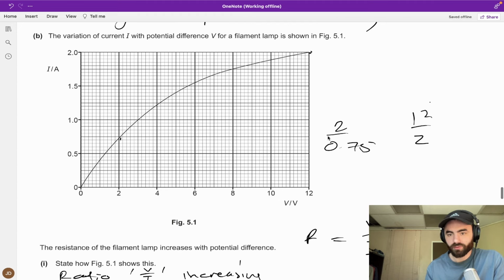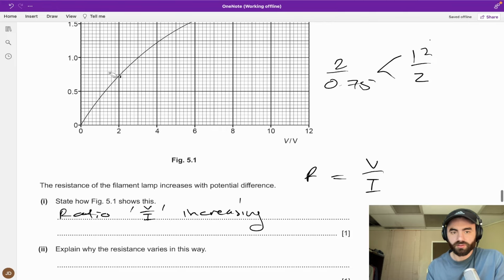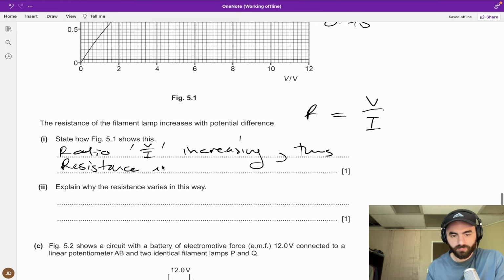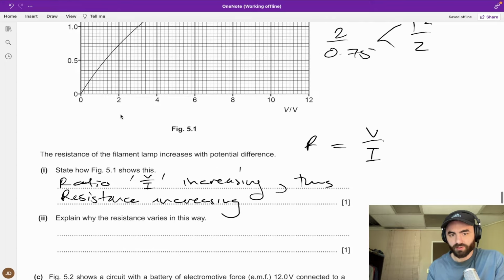So clearly this is bigger. The resistance going up here is getting bigger due to the increase in temperature. So this ratio is increasing as we move along this graph, thus the resistance is increasing.